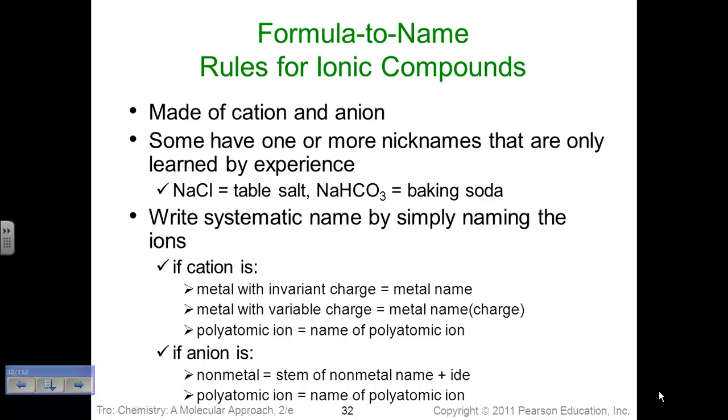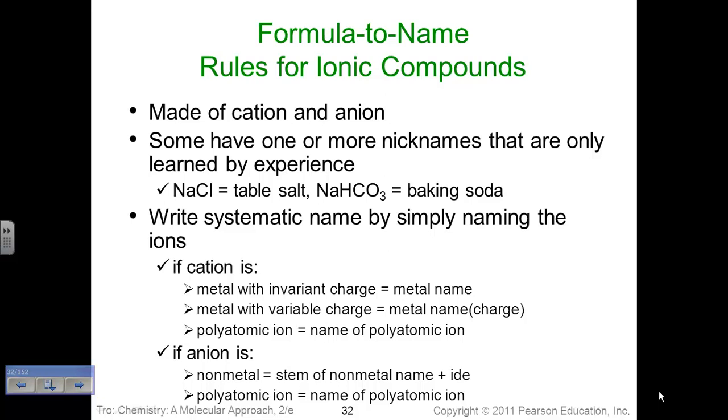We are trying to write systematic names by naming the ions. We name the cation first, the metals. The first bullet on this slide says, we name the metal with invariant charge by simply naming the metal, the name of the element. I've really gone through carefully and described what the word invariant charge means.